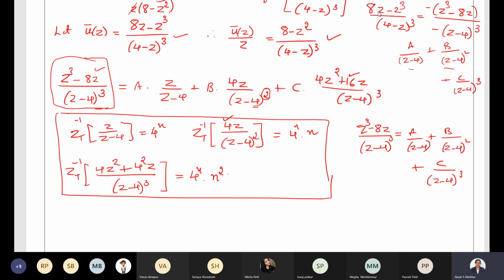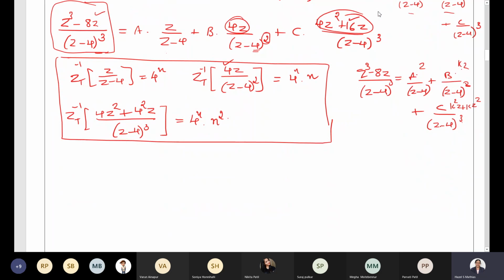But in order to find the inverse z transform, there should be a z term. When square comes, there will be some kz term. When cube comes, there should be some k square z plus kz square term, which is not there. That's why we are adding those terms over here. I hope this is clear why I have written like this.